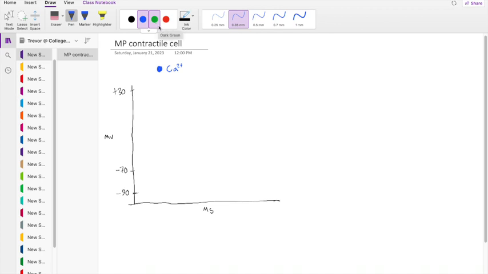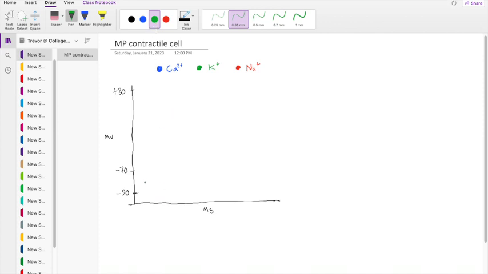Let's say that green is going to be potassium related, and let's say that red then is going to be sodium. Cool. Okay, so the first thing we're going to start out with then is a little bit of green.